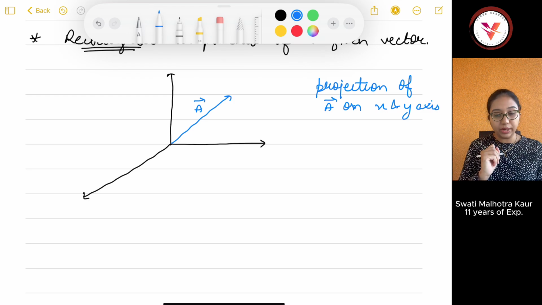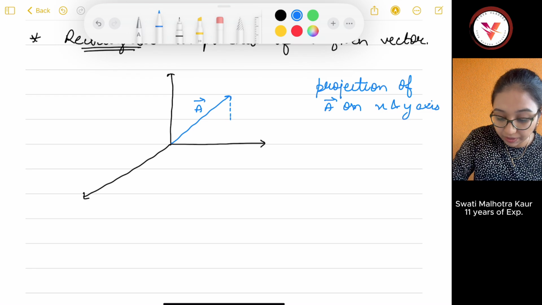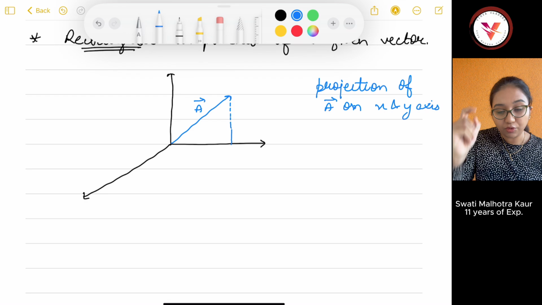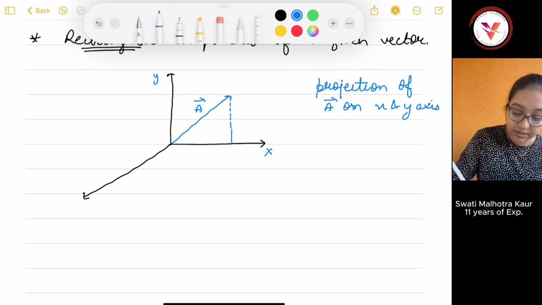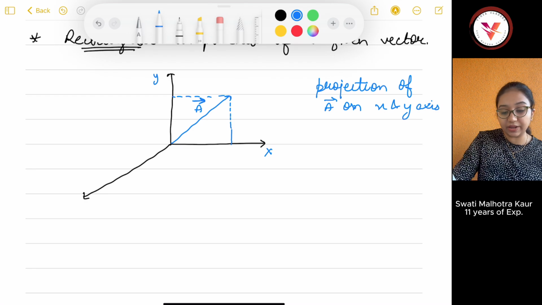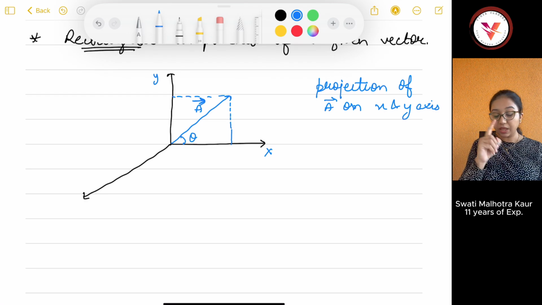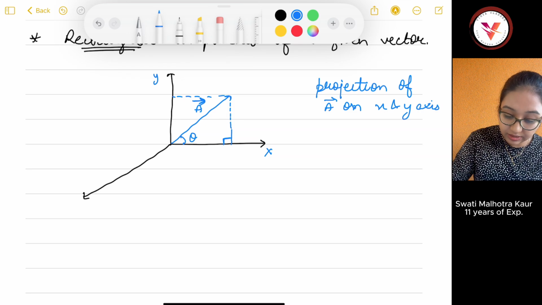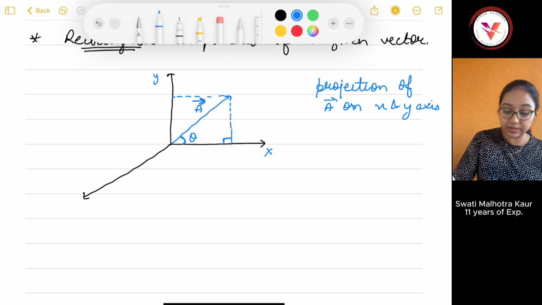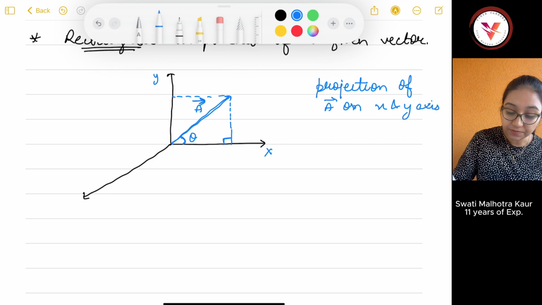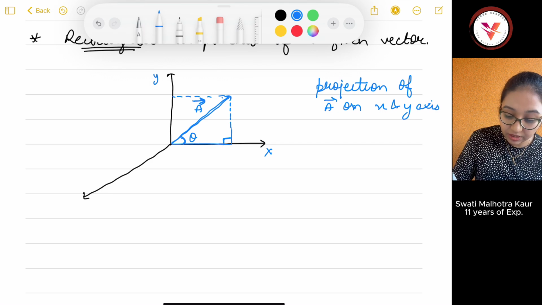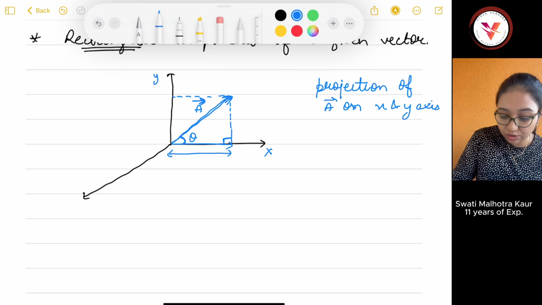So basically you will make a perpendicular from its end on x and on y axis. Let's say this A vector is inclined at an angle of theta here. Now this is 90 degree, this is theta, this is hypotenuse, and this is base.